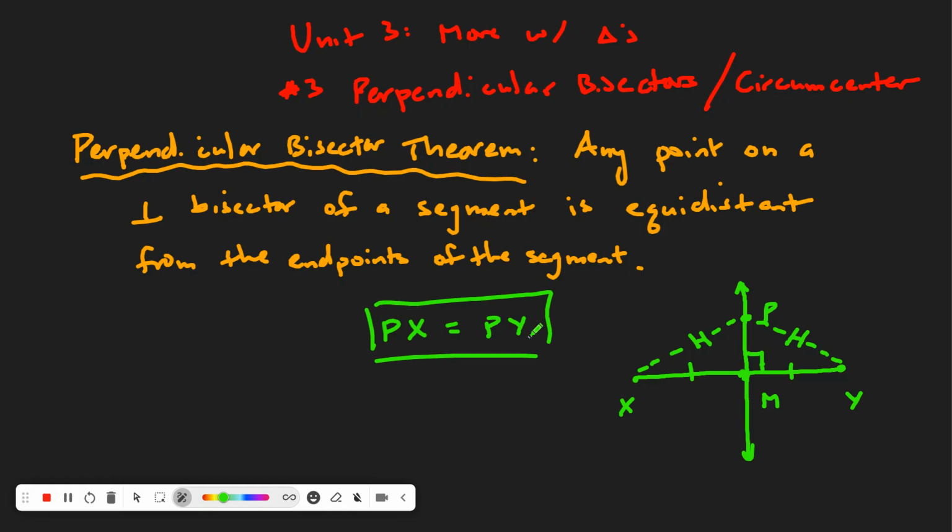Okay, so this is helpful because we're going to use this idea to locate what's called the circumcenter of a triangle. Okay, so let's talk about this circumcenter. Okay, so a circumcenter is called the point of concurrency.